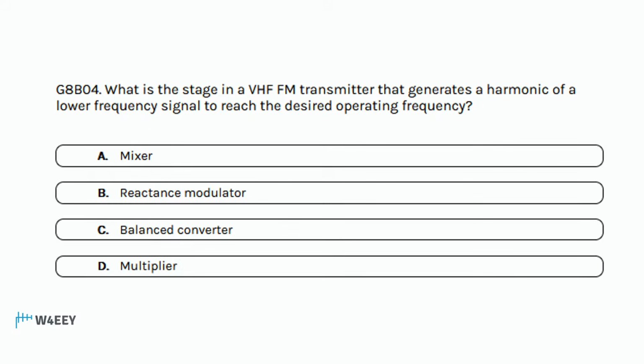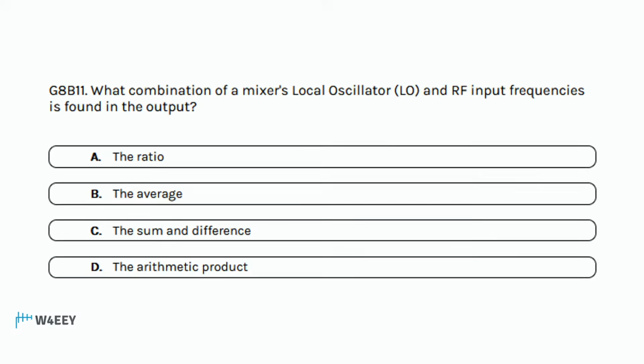And what is the stage in a VHF FM transmitter that generates a harmonic of a lower frequency signal to reach a desired operating frequency? Delta. That's a frequency multiplier. And what combination of a mixer's local oscillator and RF input frequencies is found in the output?